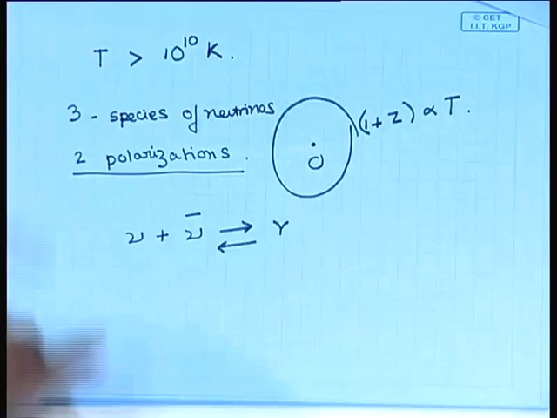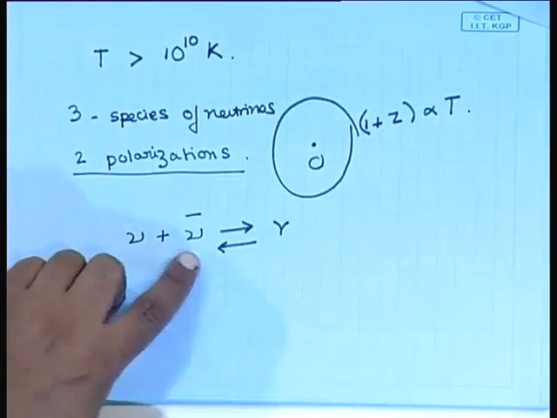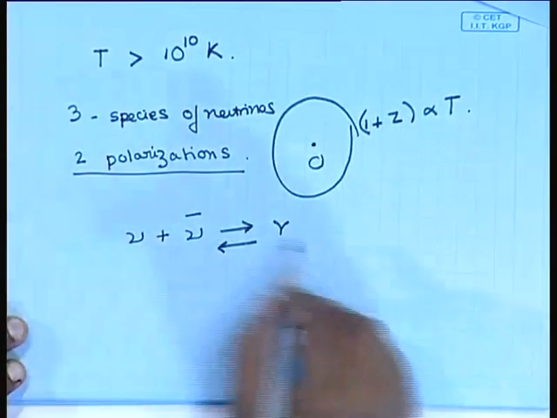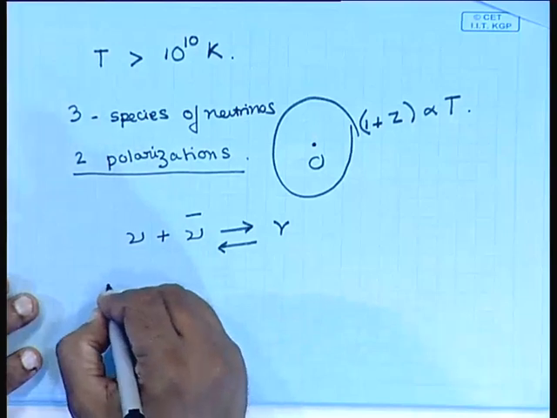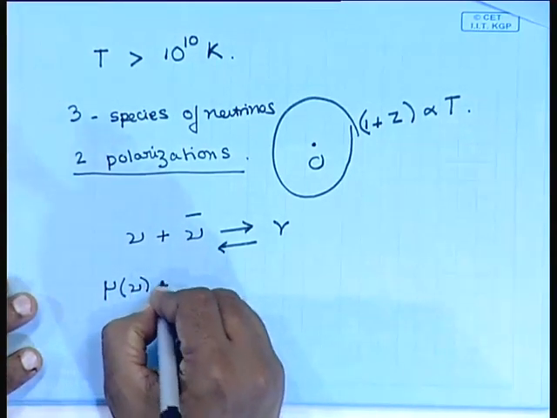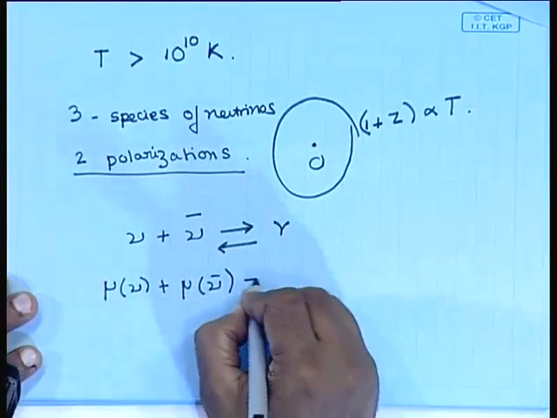Now, if you have some particles in equilibrium, this is the neutrino, this is the antineutrino. If you have particles in such chemical equilibrium, then the sum of the chemical potentials should be the same.